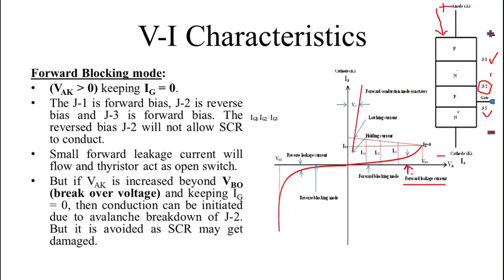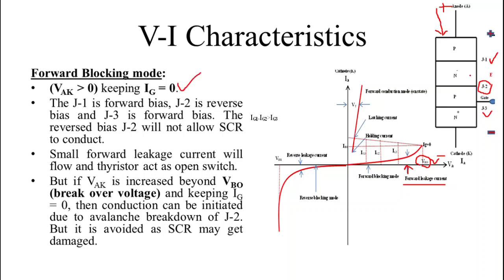Now, when the forward voltage, that is anode to cathode voltage, is increased beyond this VBO, the forward breakover voltage, keeping the gate current equal to 0, then what happens?